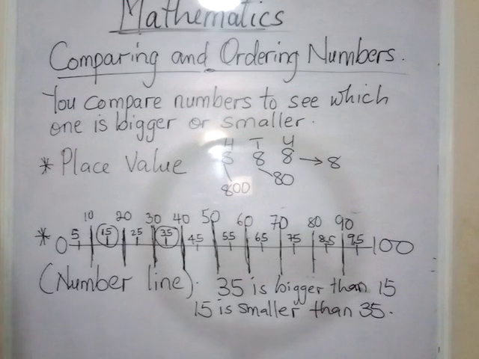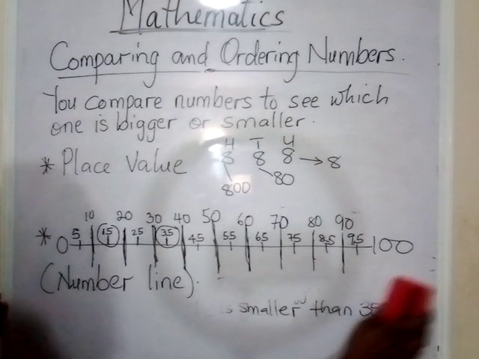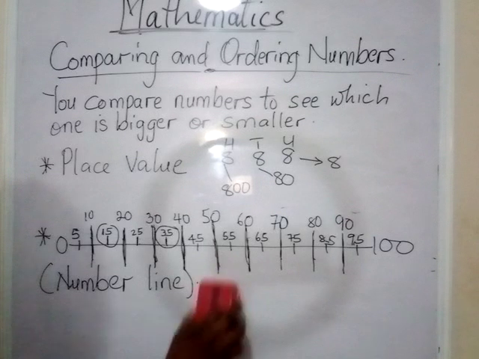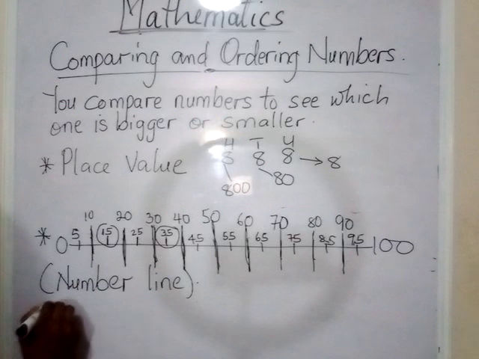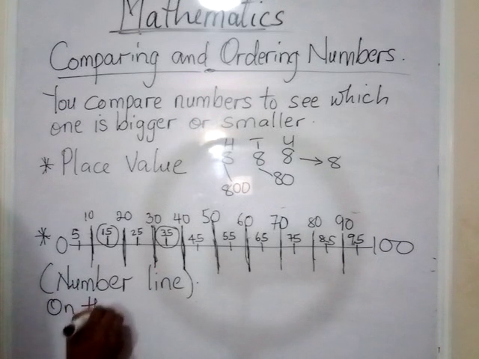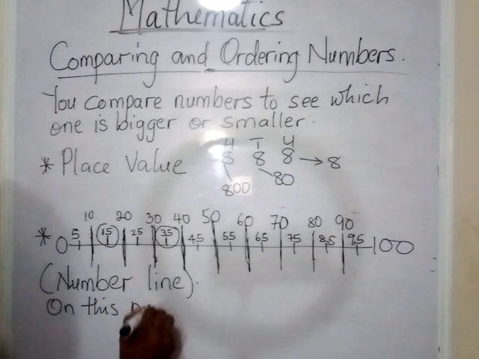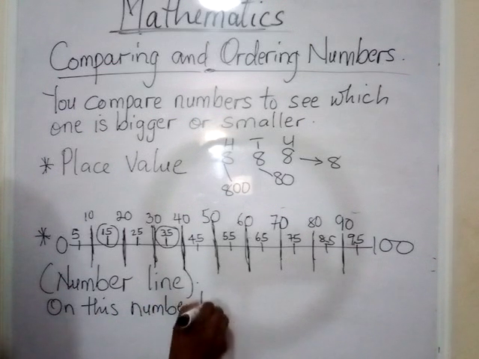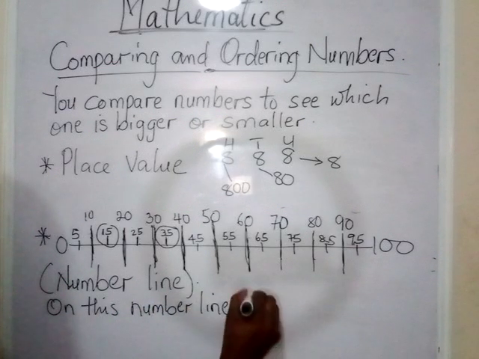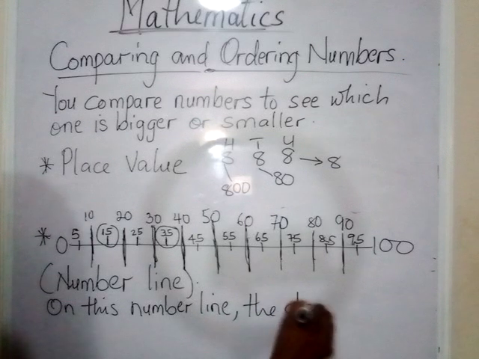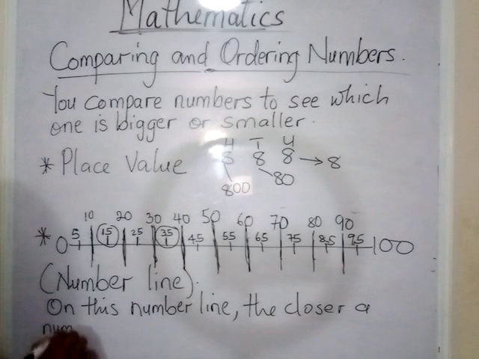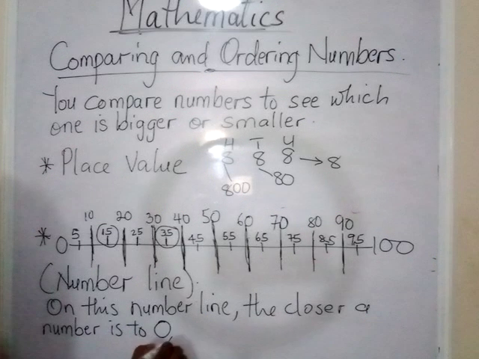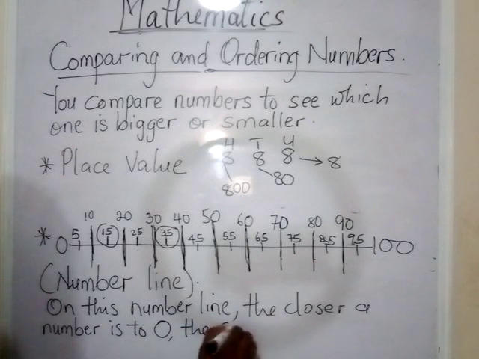Maybe we should write that down. Let me write it somewhere for you. Just note this down, then we move on to the next thing. On this number line, the closer a number is to 0, the smaller the value.